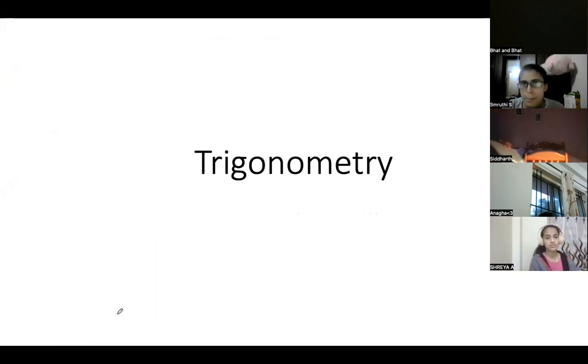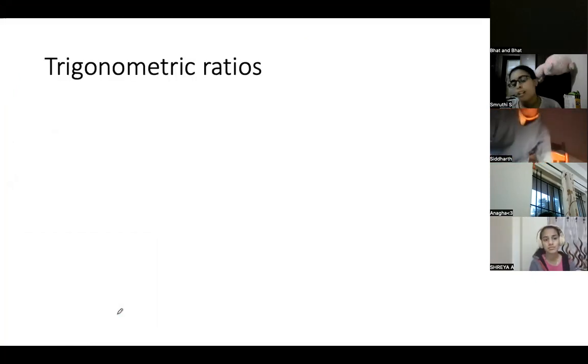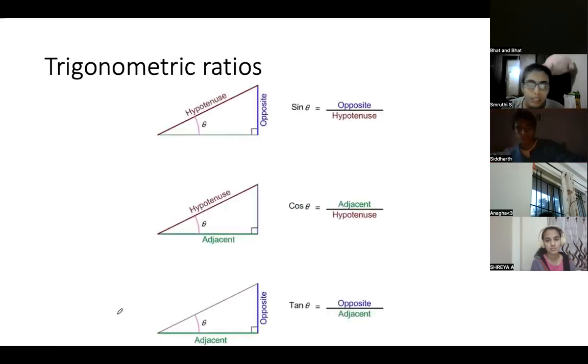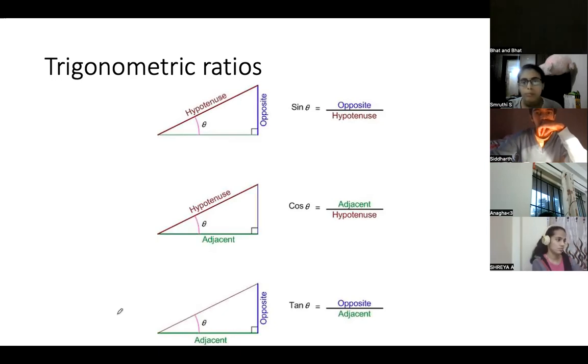And there we have seen few trigonometric ratios. Now what are these trigonometric ratios? One is sine theta. Now what is theta is the question. This symbol what we have written here. So this is our angle.